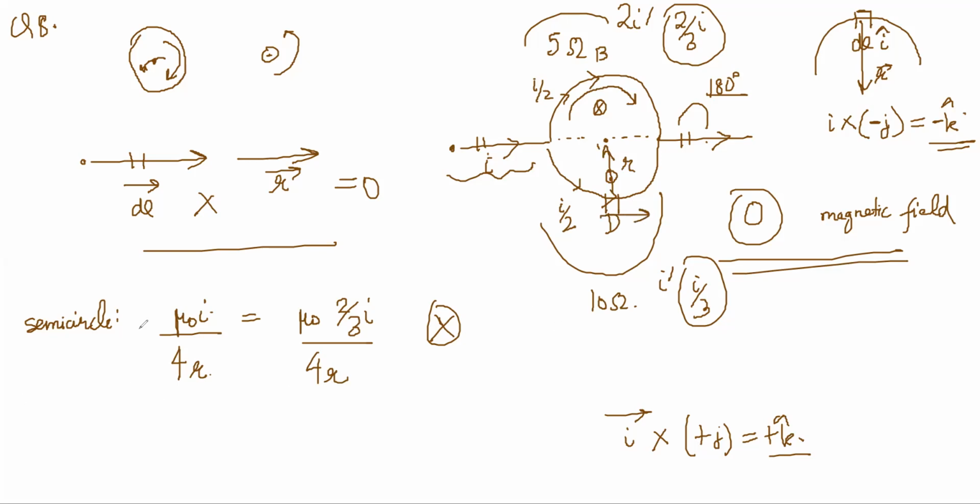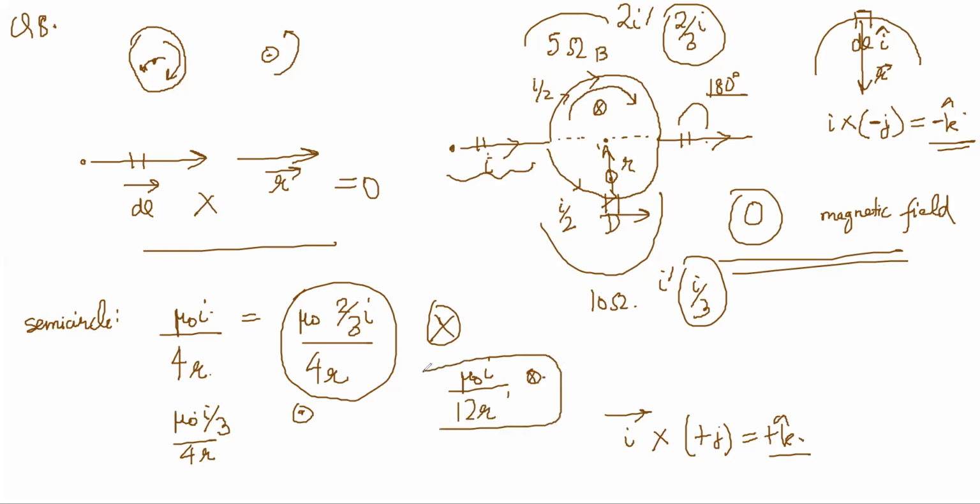So for the lower semicircle, it will be mu naught into I by 3 by 4R, and this will be in this direction. So the cancellation will happen in favor of this, and you will end up with mu naught I by 3 and 4R, so mu naught I by 12R in the inside direction, into the plane.